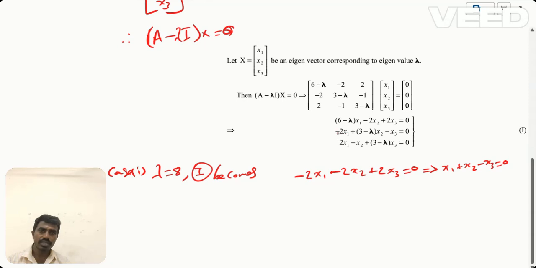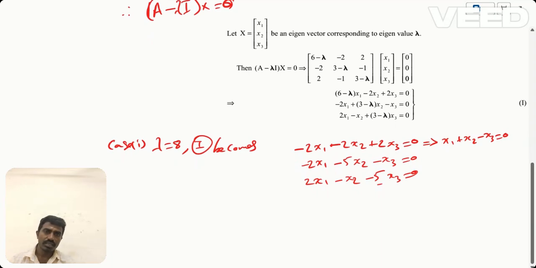Similarly, the second equation, minus 2x1, substitute lambda equal to 8 here, then 3 minus 8, minus 5x2 minus x3 equal to 0. And finally 2x1 minus x2 plus 3 minus 8, so minus 5 x3 equal to 0.